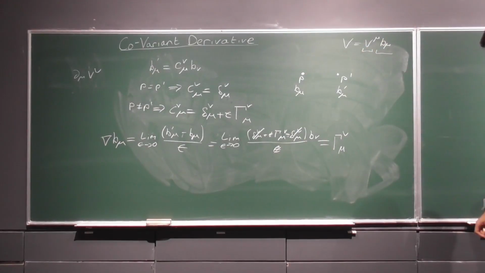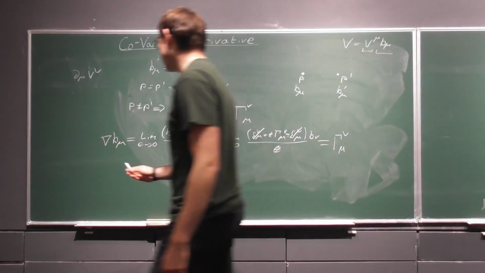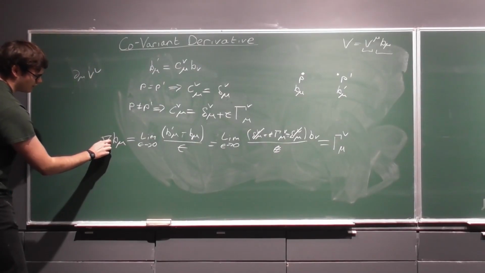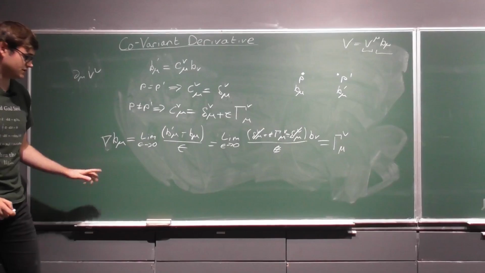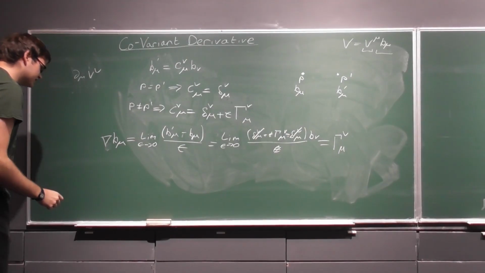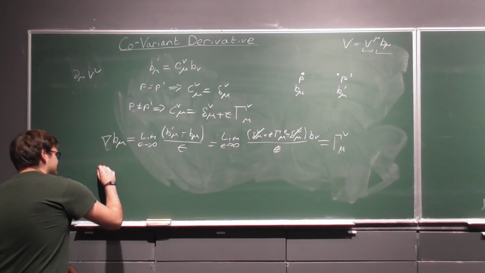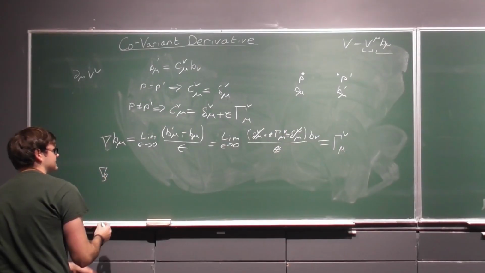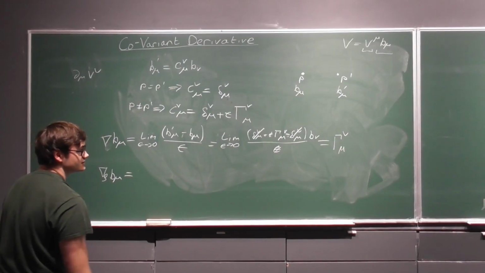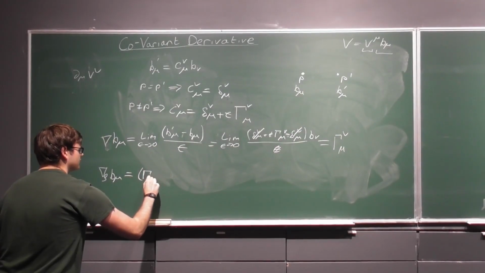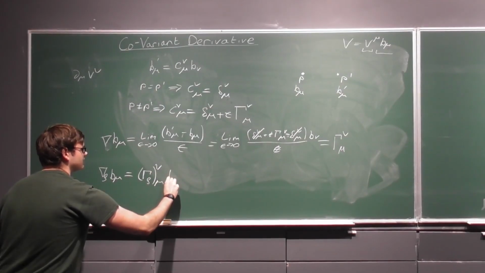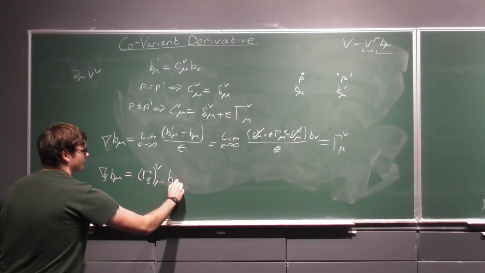Okay, so that's pretty cool. But notice one thing I've done here, I haven't had an index here. So I've just taken a derivative along one direction, but this occurs for every direction. So what we really should have is that for every direction, let's say rho, the derivative along b rho will give us some symbols, which are in the form of a matrix, times b mu.